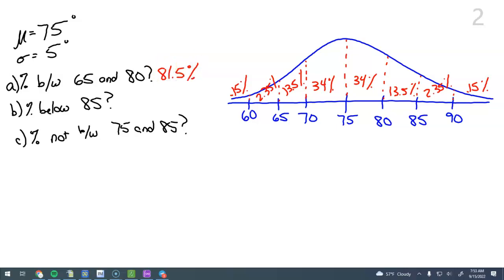Percent below 85. There's 2 ways you can do this. Using your calculator is not that big a deal, but I'm here, right? So I've got 2 options. One is I can add up all of those numbers, but if I'm typing in my calculator, that's just kind of annoying, plus, plus, plus. What else could I do that's a little less keystrokes? Subtract the other side.